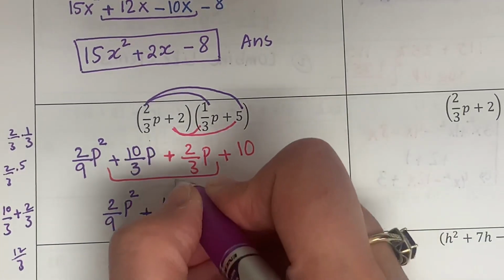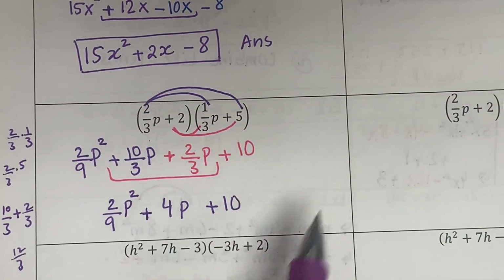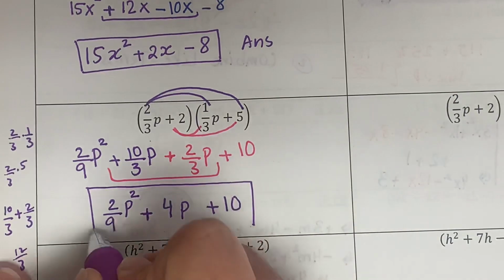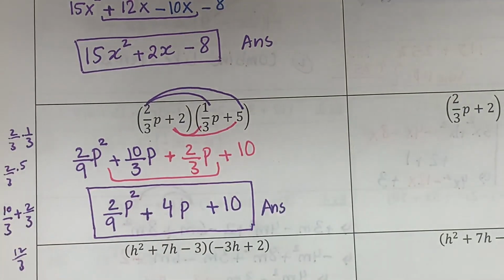So this is together 4p plus 10, copy it down. There's nothing to add or subtract, so I'm done. So multiplying fractions is also very easy.